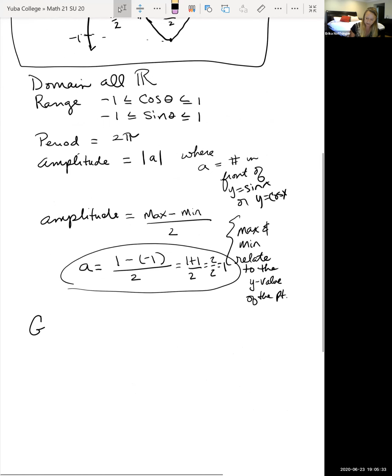Because of that, these are called sinusoidal, and I don't know if I'm pronouncing it right, curves. Sinusoidal functions.